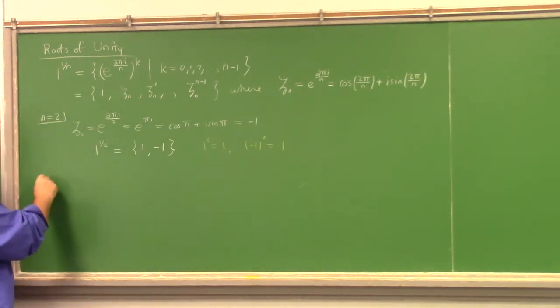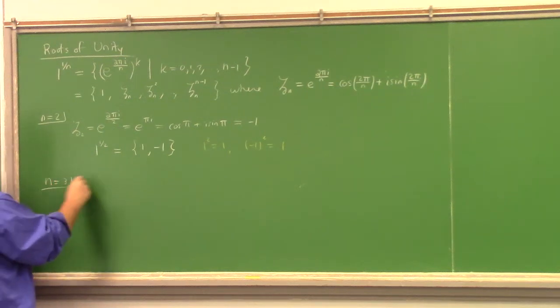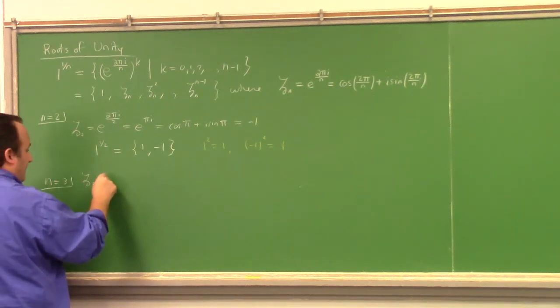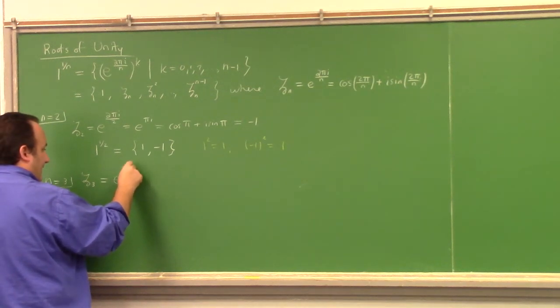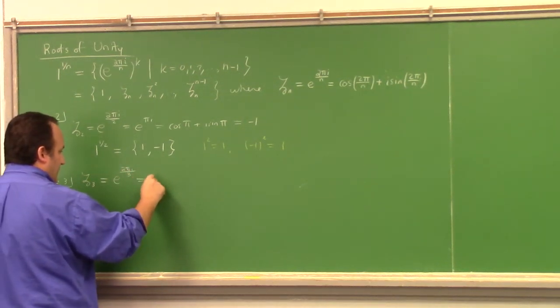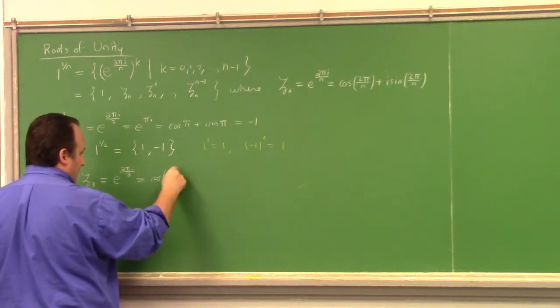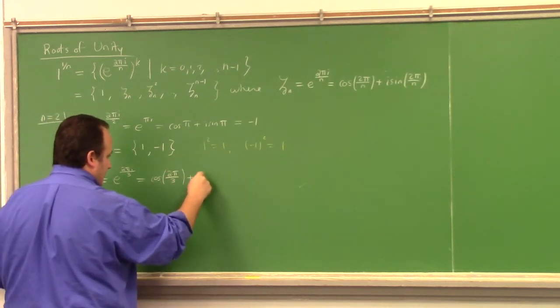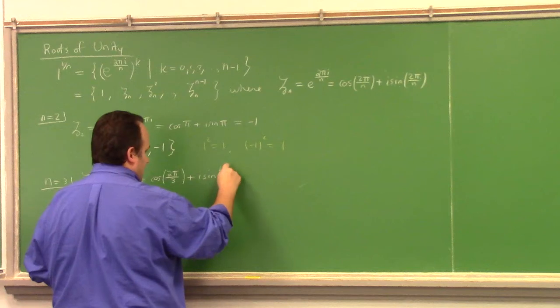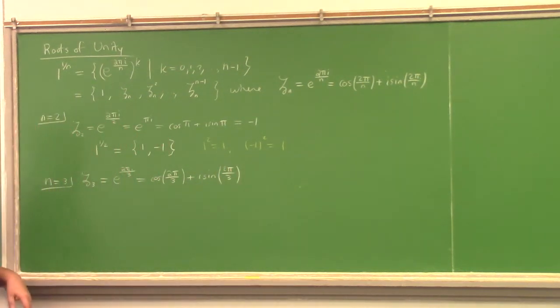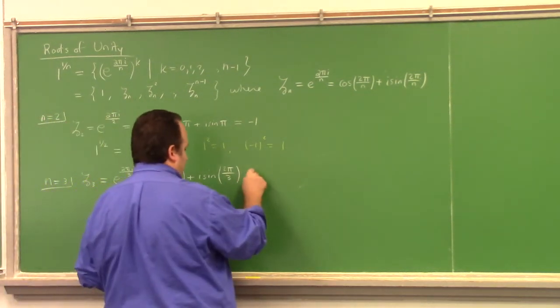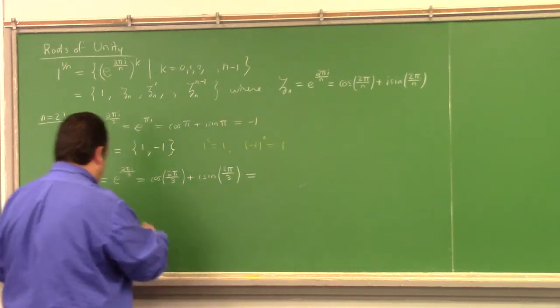So n equals 3, what does this look like? Well, zeta 3 is e to the 2 pi I over 3, which is cosine 2 pi over 3 plus I times the sine of 2 pi over 3, right? So that's 120 degrees around the unit circle. And so what that gives you, I'll draw a picture of it.